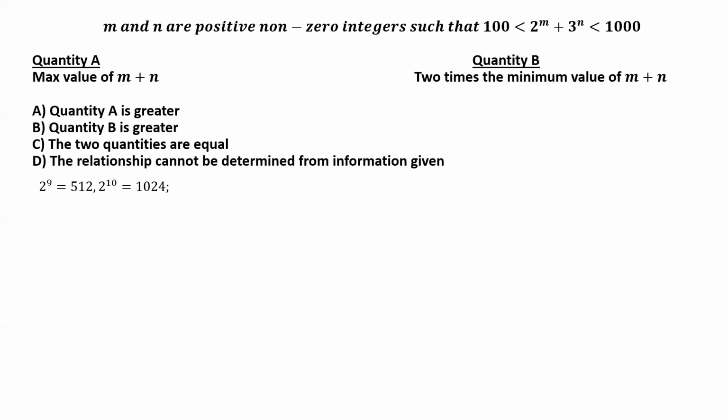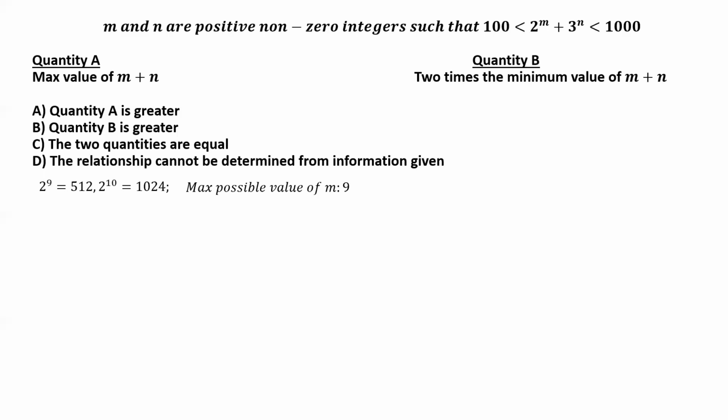So that tells me that the maximum possible value that m can take is 9, because if m is 10, then 2 to the power m itself exceeds 1000, so the inequality won't be satisfied. So the maximum possible value that m can take is 9.